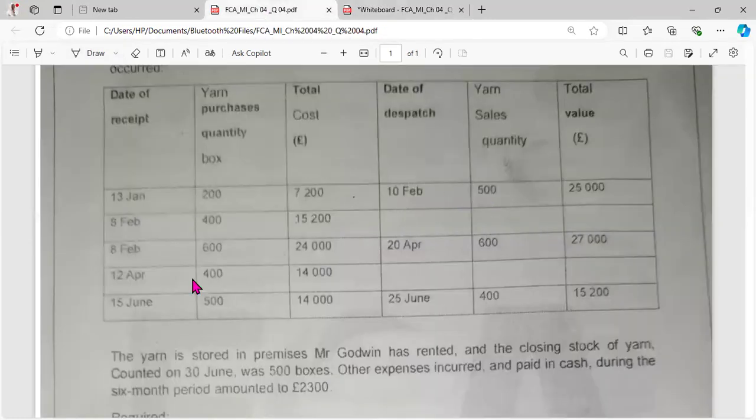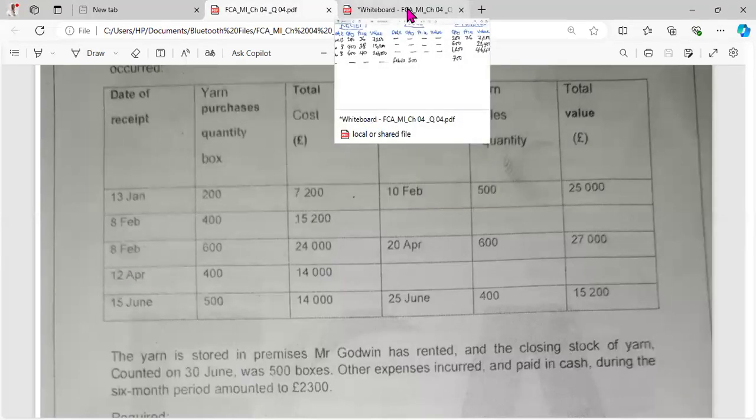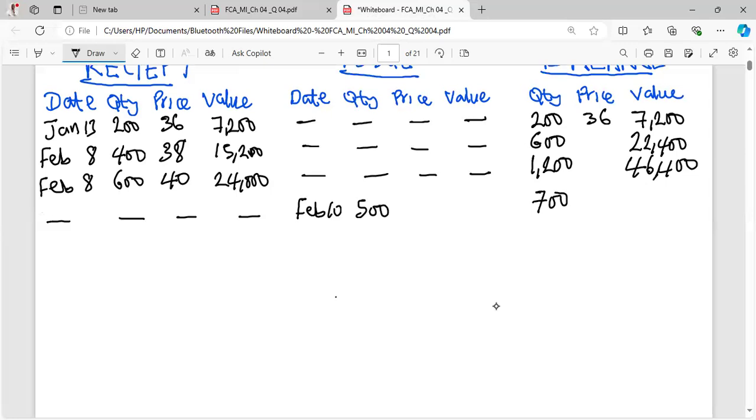After February 10, we went to April 12, 400 at 14,000. April 12, 400 at 14,000. We'll have the price again here. So 14,000 divided by 400, that gives us 35.